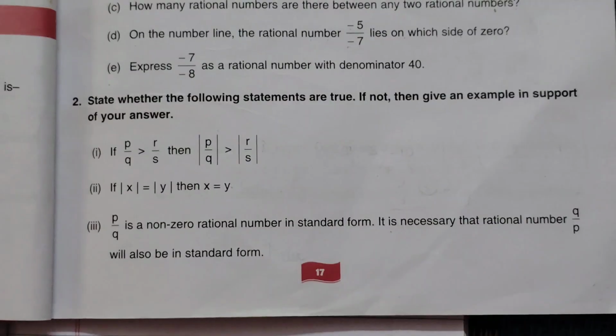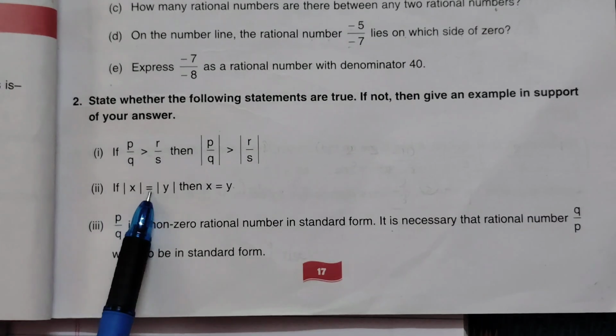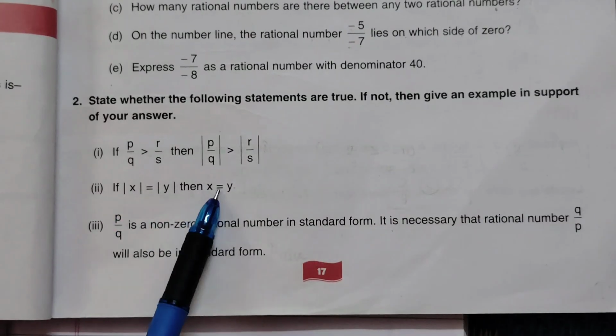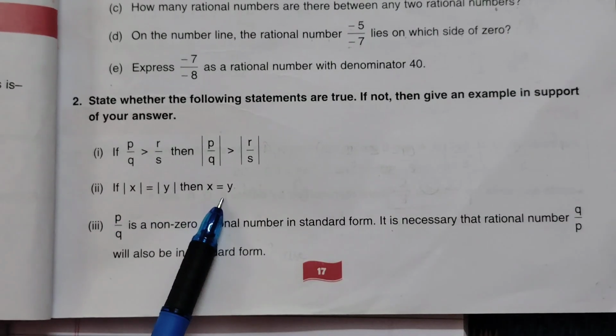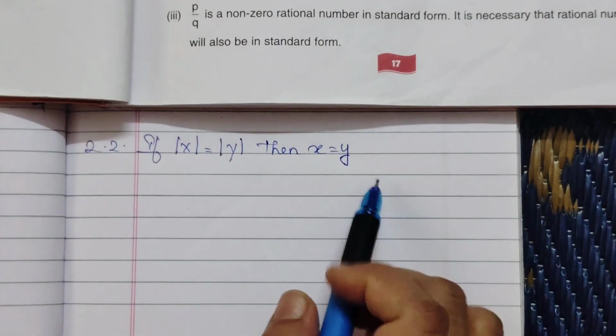Okay, next question. If the absolute value of x is equal to the absolute value of y, both absolute values are equal, then will x and y be equal? We have to find it out. Let's see. Okay, so we have written the question.